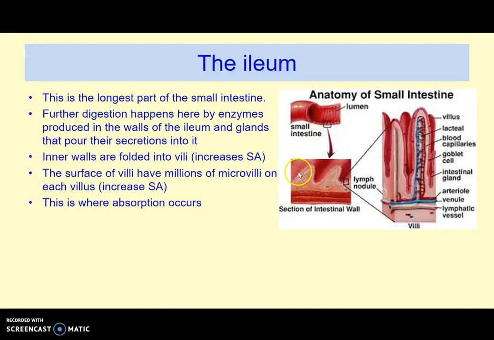Those bumps are the folding, which are the villi. On each of those villi, villus being the singular, each villus will have millions of microvilli. As it says here in the writing, this increases the surface area greatly, and that's important because in the ileum, that is where absorption takes place.